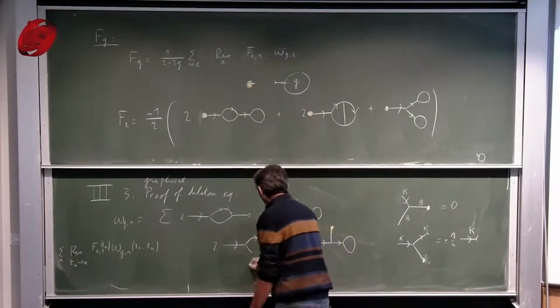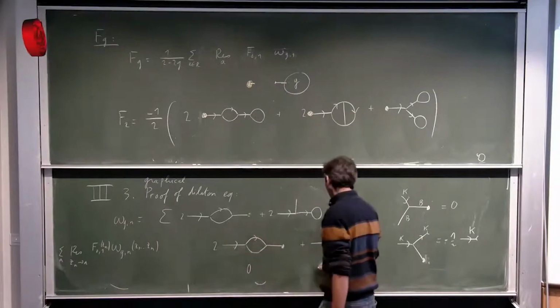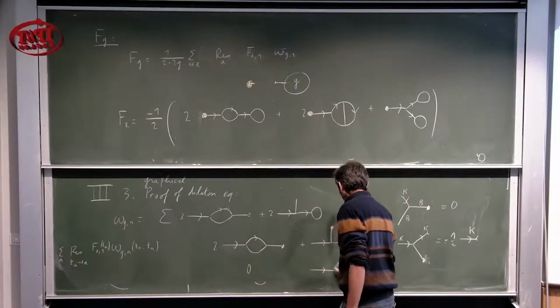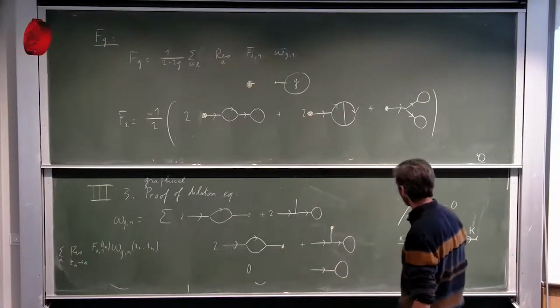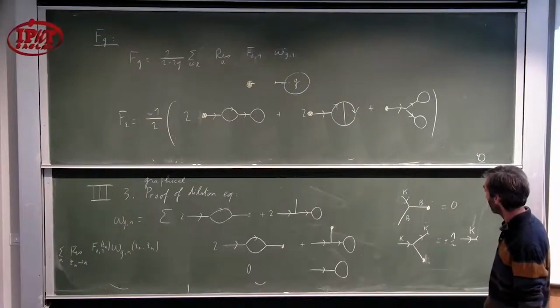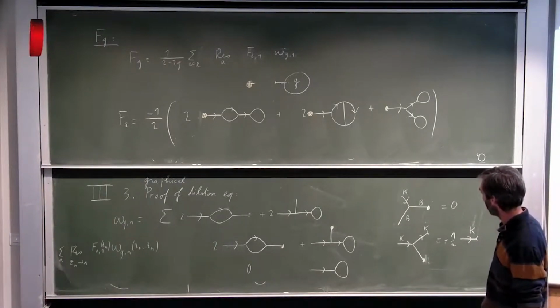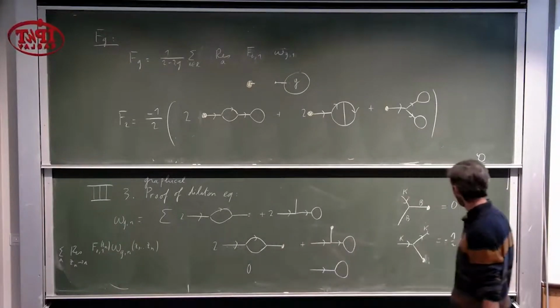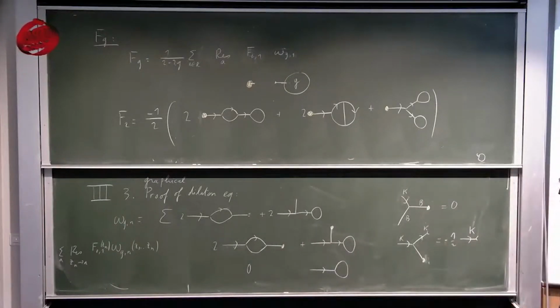Here you get 0, and here you get this one. 2 times -1 of, so you get a -1. There's something wrong with the factors, but okay, just to give you an idea.